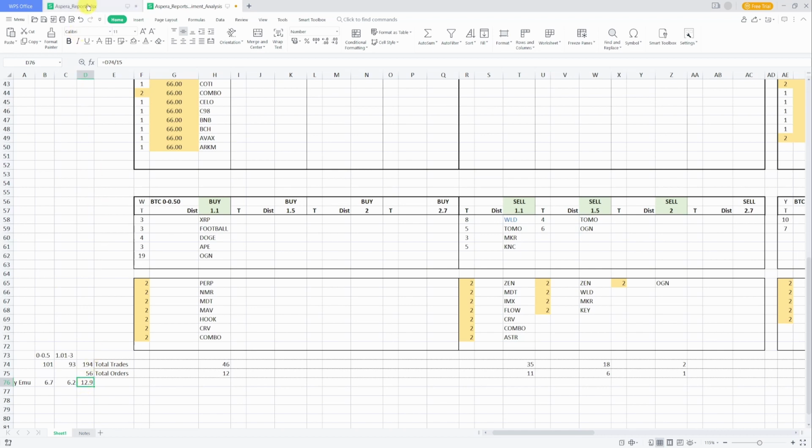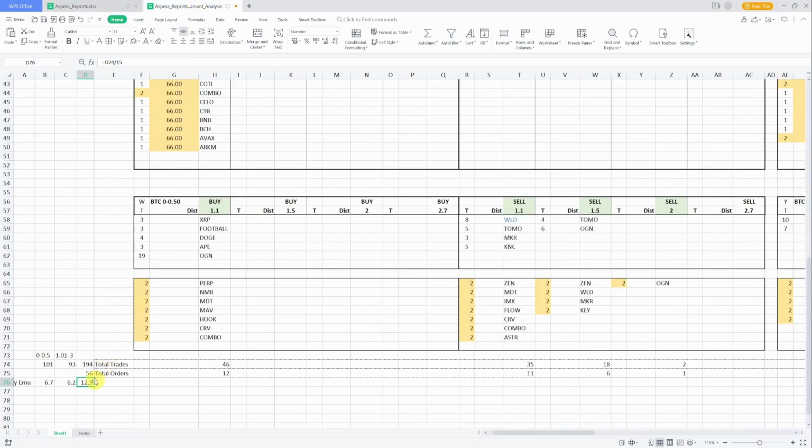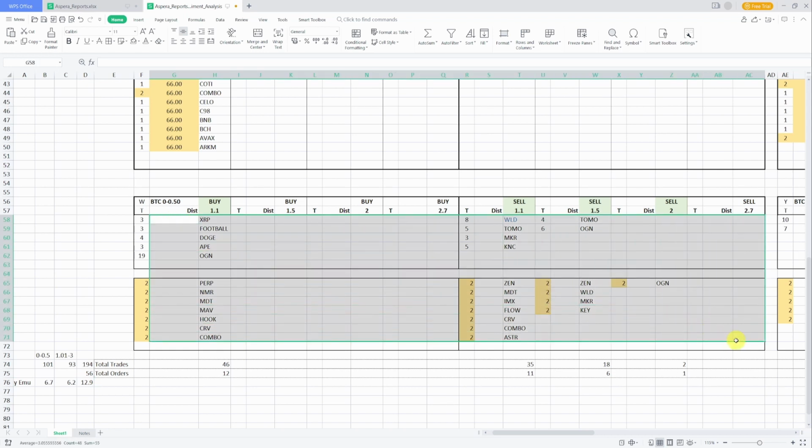Now let's go back to my reports here. 14 trades, and that has been running for almost 7 days. 14 divided by 7 is 2. We only have 2 trades per day, as opposed to 13 here, specifically on these coins on these distances.